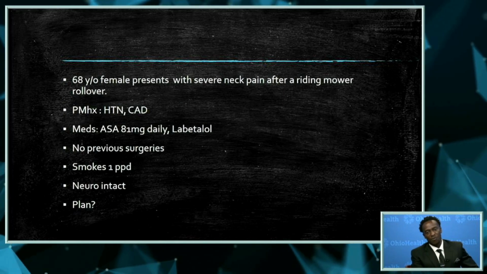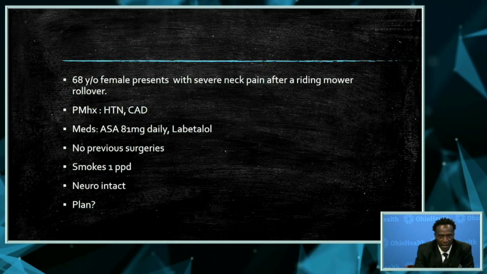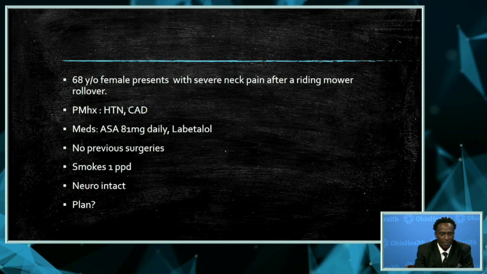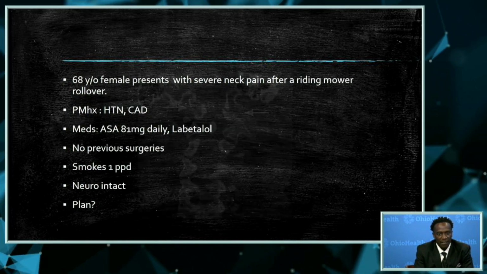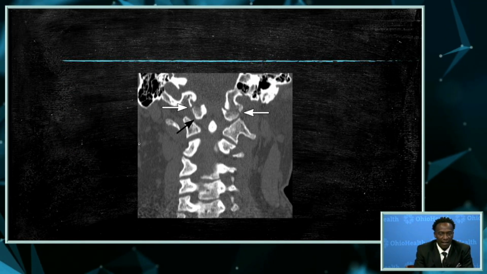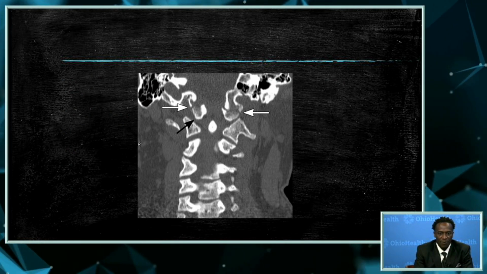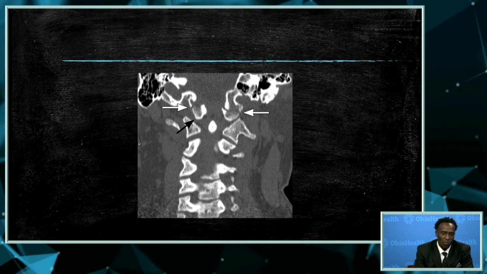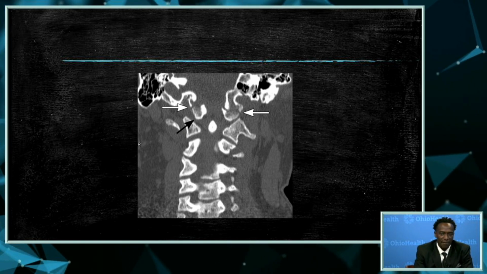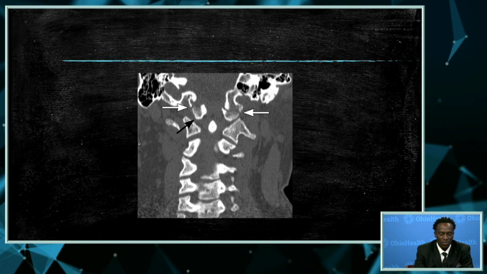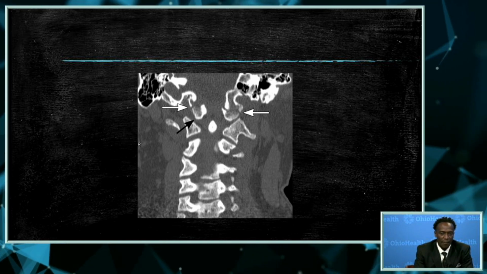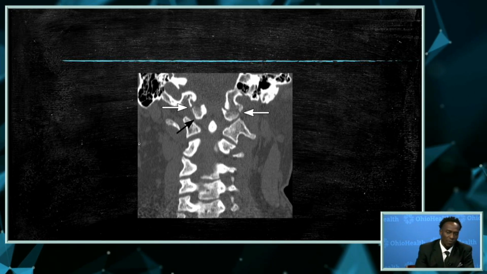So we have a 68-year-old female, presents with neck pain after a riding mower accident, and she's neurologically intact and has this fracture here. So what we see here is we have bilateral occipital condyle fractures, and then also you have an atlanto-occipital dislocation.